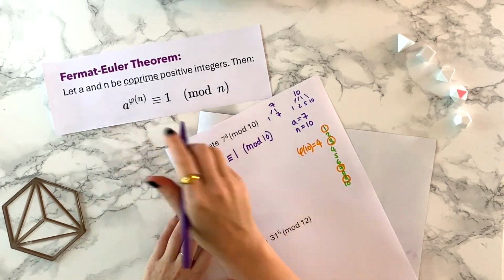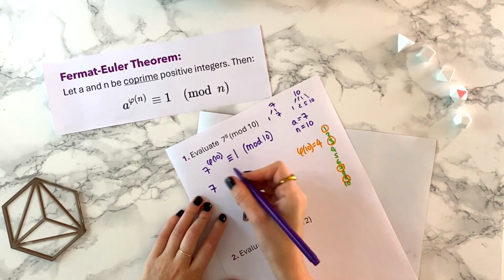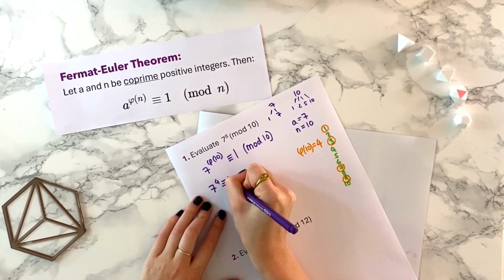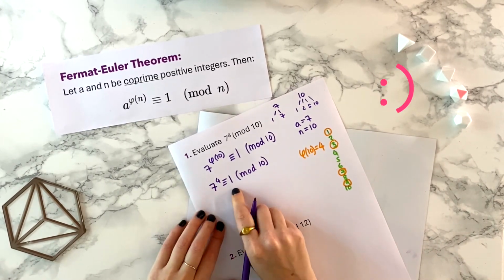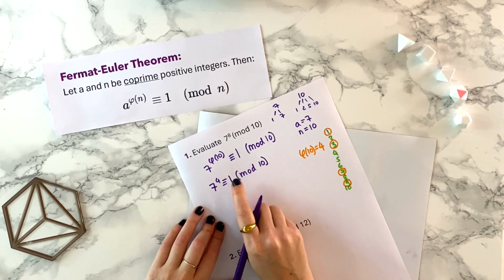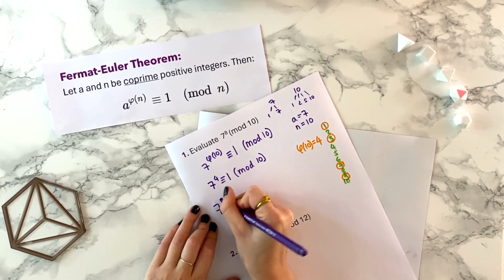So that means by the Fermat-Euler Theorem, 7 to the power of phi of 10, which is 4, is congruent to 1 mod 10. We love this as multiplying things by 1 is super easy. So in this case, we're looking at 7 to the 8.